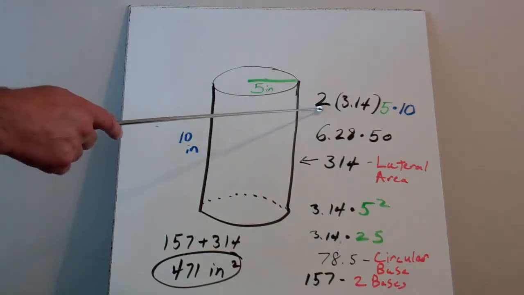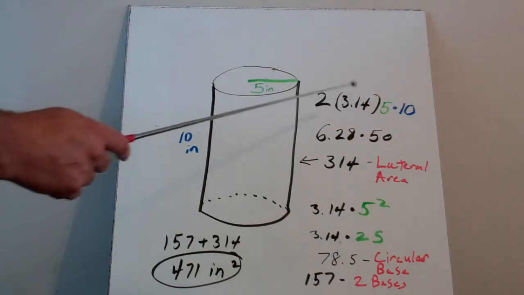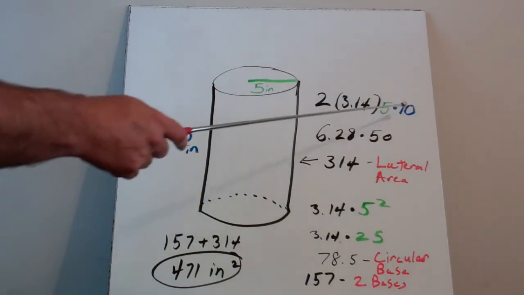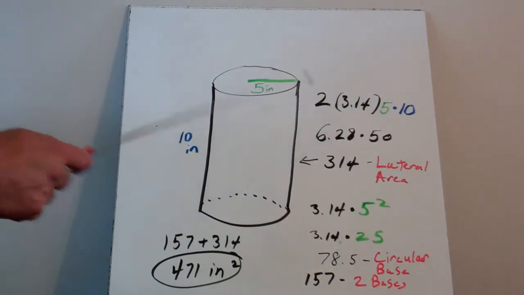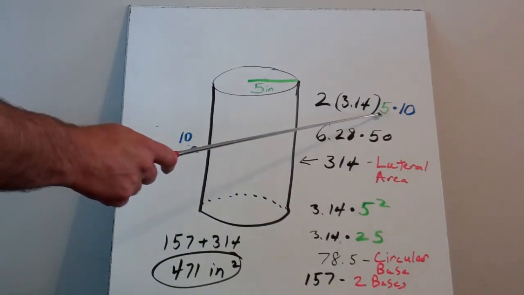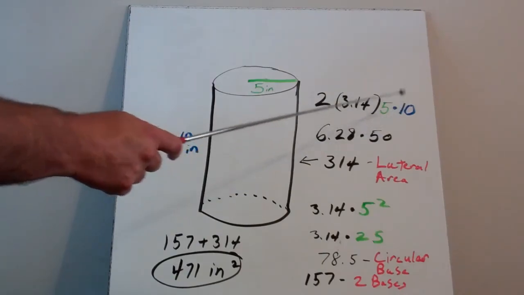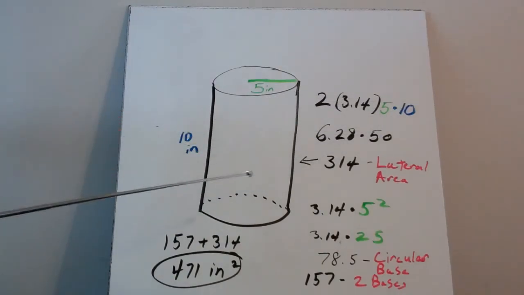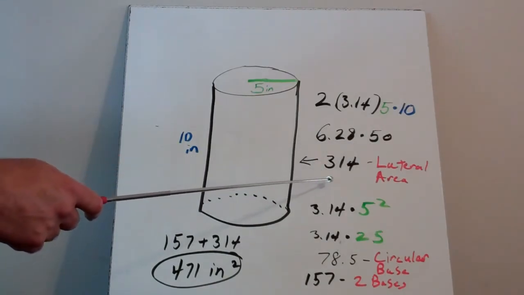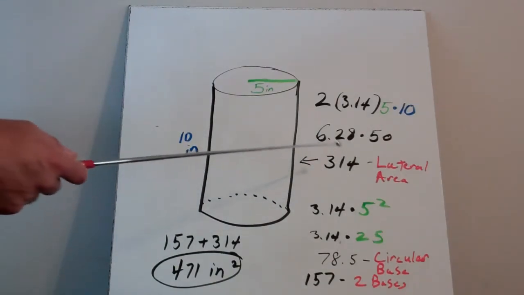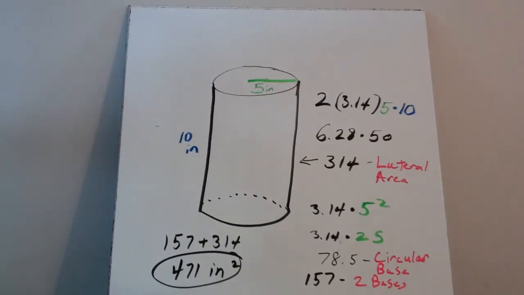So it's going to be 2 times 3.14 times the radius, which is 5, times the height. 2 times 3.14 is 6.28. The radius of 5 times the height of 10 leaves me with 50. And then 6.28 times 50 leaves me with 314 inches, and that is just for the lateral face.